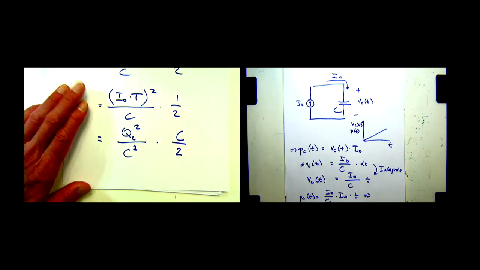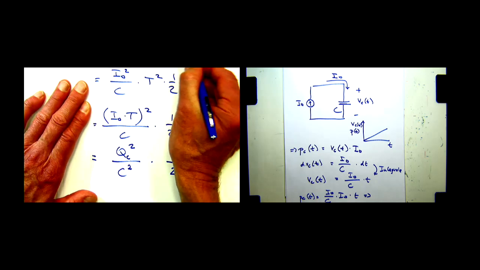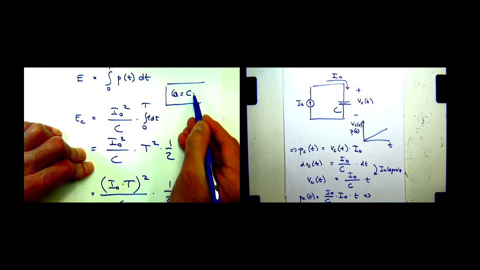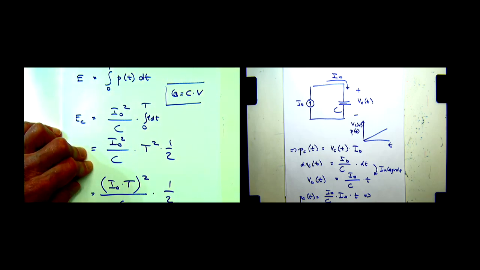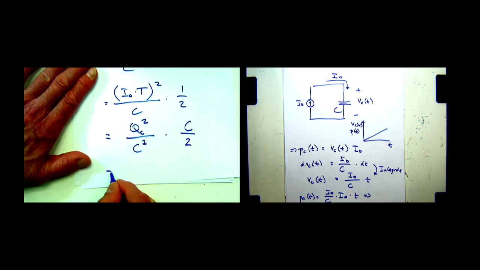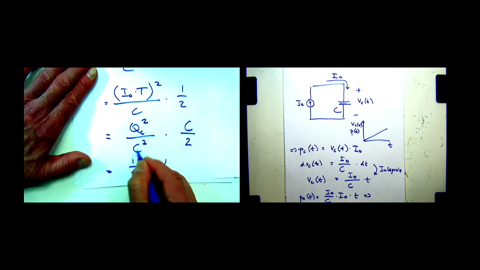Okay? So charge divided by capacitance, well, what is that? Q equals C times V. So Q divided by C is equal to V. So apparently this is equal to 1/2 C V squared.